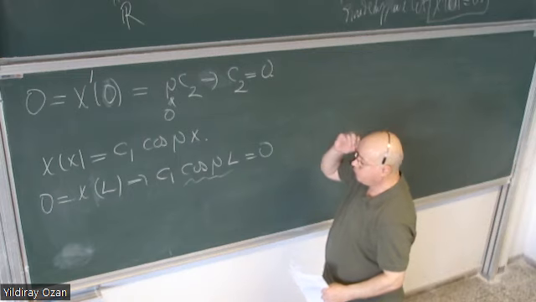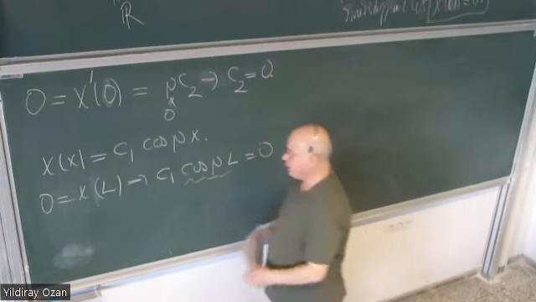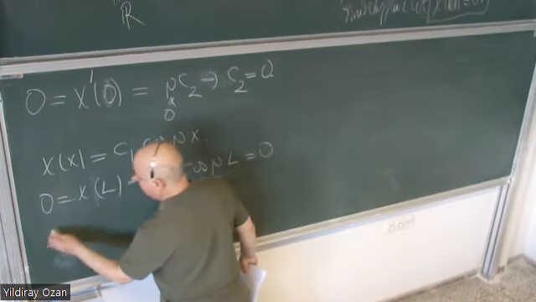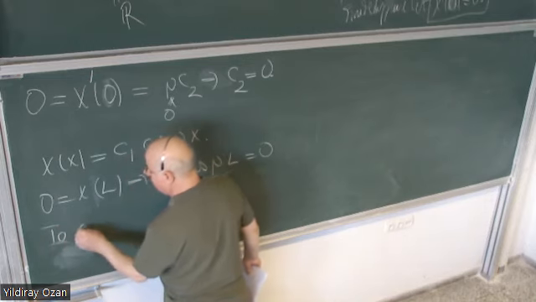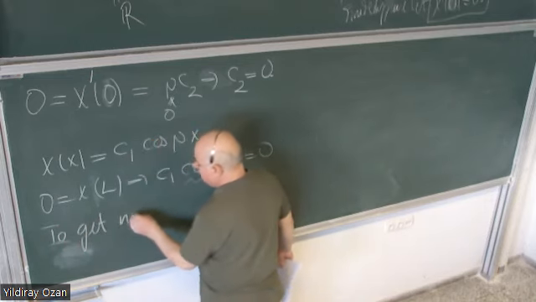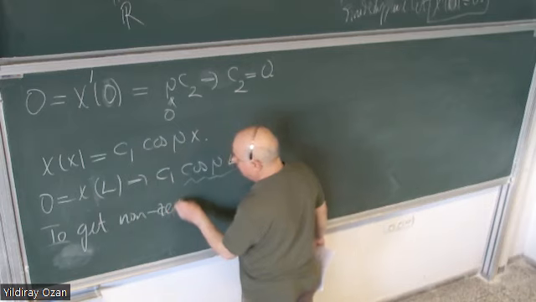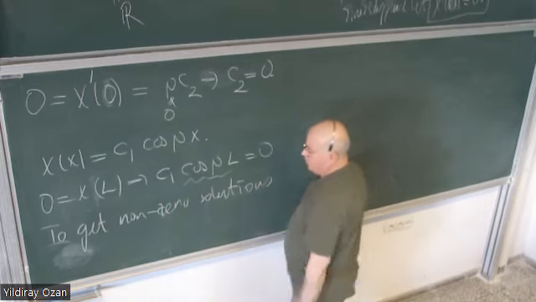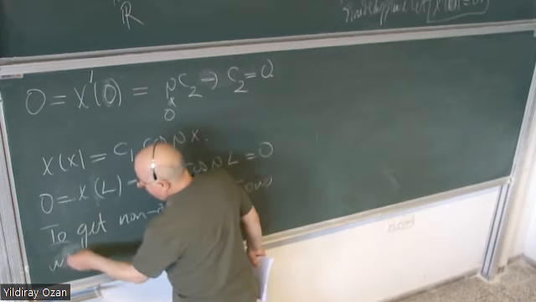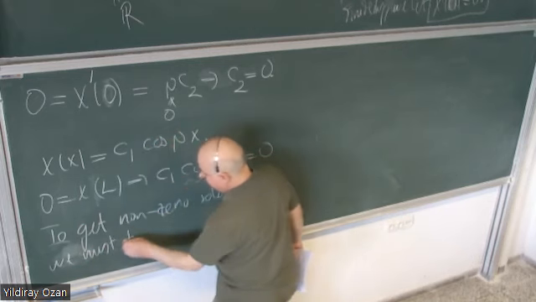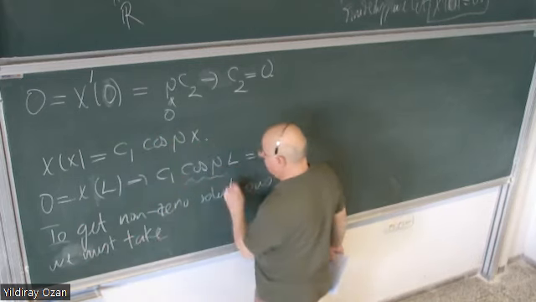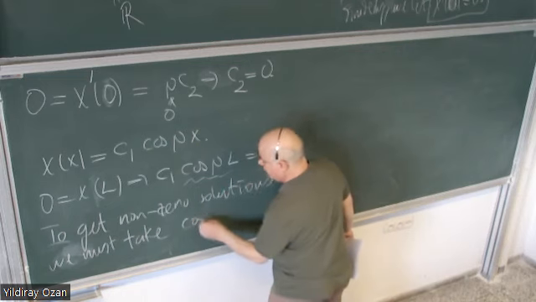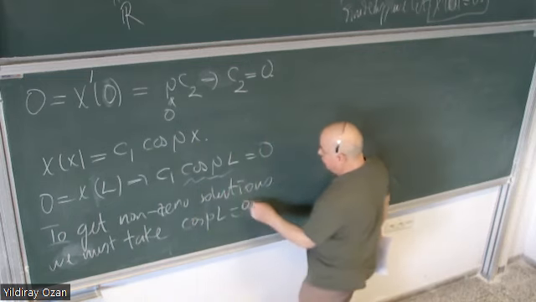Therefore, we would get x equals 0, right? So to get non-zero solutions, we must take cosine mu L equals 0.